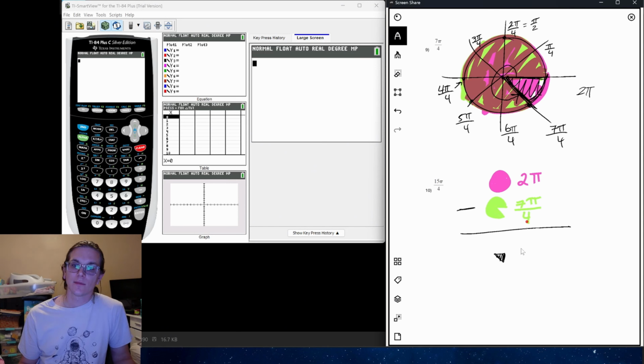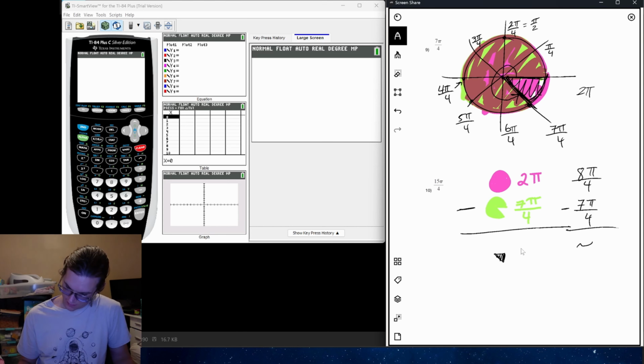If I want to make it have a 4 in the denominator, I'll multiply it by 4. So that's 8 pi over 4. This is 7 pi over 4. The difference here is pi over 4. So that amount of slice is pi over 4. So our reference angle is pi over 4.